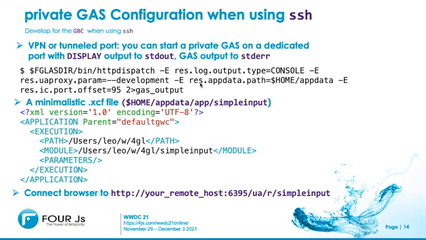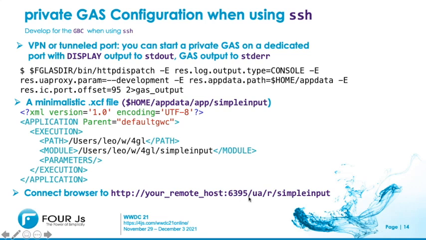You could start a GAS on the command line, let its output go to standard output, and have your own app data path to not collide with any central GAS installation which might be on your development server. But what I wanted to say with this slide is that you can start your GAS also at a certain port offset. The normal offset is 94, which means it starts on port 6394. So if you have a private GAS set up, then you can have a private port, of course.